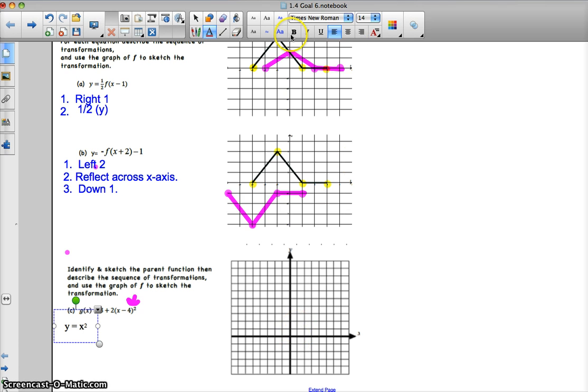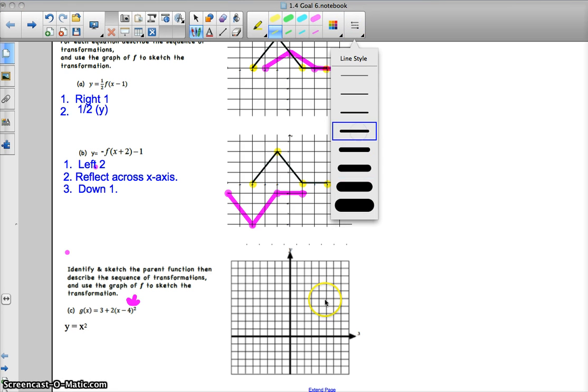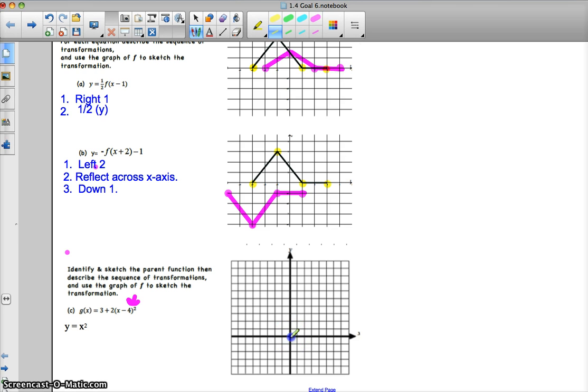So if we graph that, if you're not very familiar with the parabola yet, remember just plot a few points. If I plug 0 in, I'll have an ordered pair of 0, 0. Plug in 1, 1 squared is 1, so 1, 1, and negative 1, 1. And I'll try one more. 2 squared is 4, so ordered pair of 2, 4, and negative 2, 4.